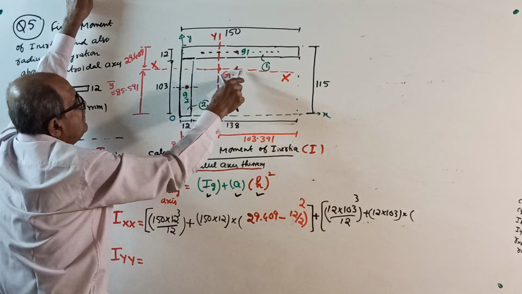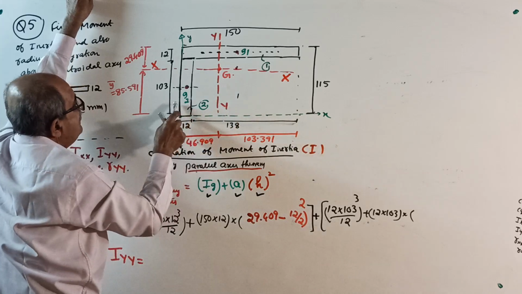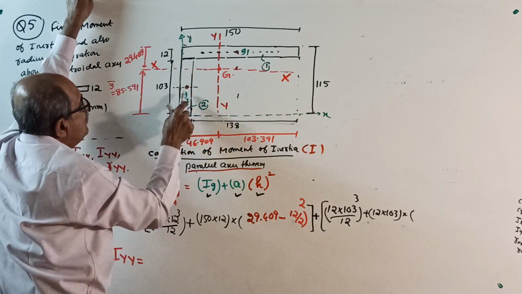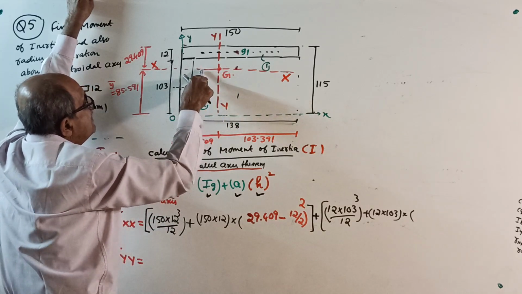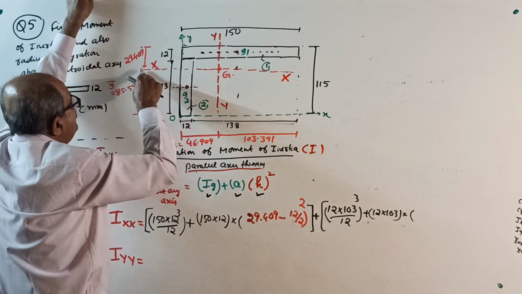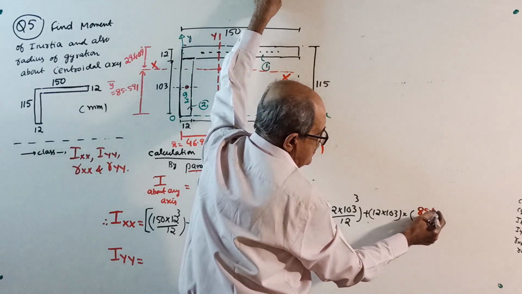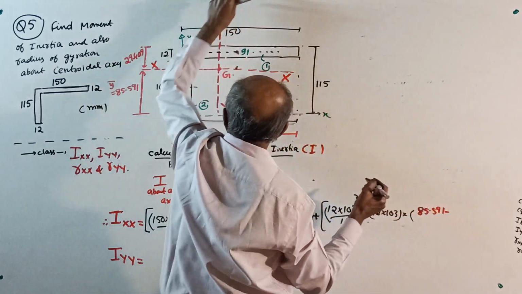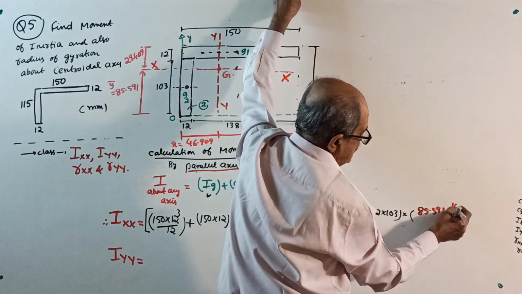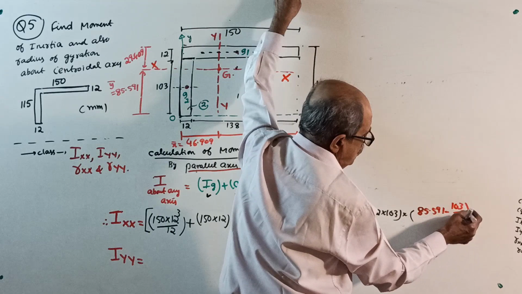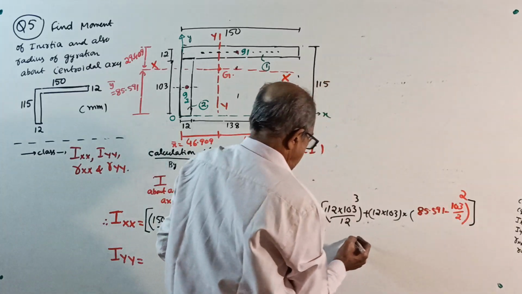See, this is 85.591. This is 103, and from here to here is half of 103. We want this distance square, that is 85.591 minus 103 by 2, whole square. That's all. IG plus A h square.